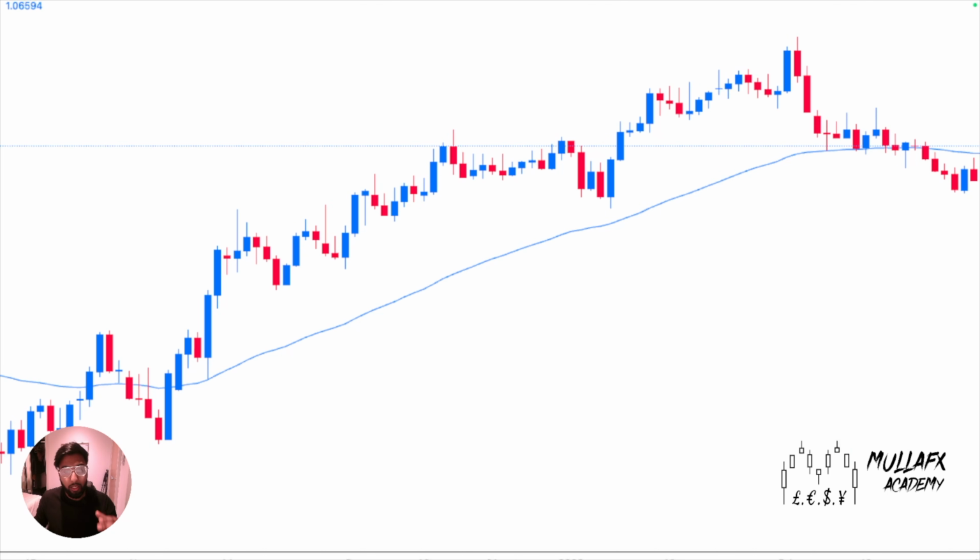And similarly, when price is going upwards, we can't notice this on a naked chart, but the EMA just straight away gives us an indication that, hey, we are on an uptrend because price is above the EMA. So like I said previously, when price is below the EMA, we're on a downtrend. When price is above the EMA, we're on an uptrend.